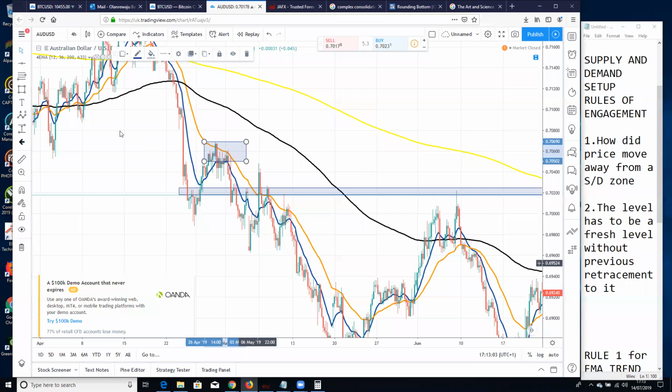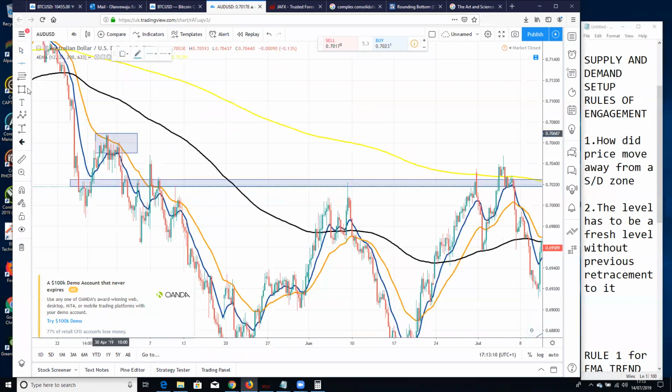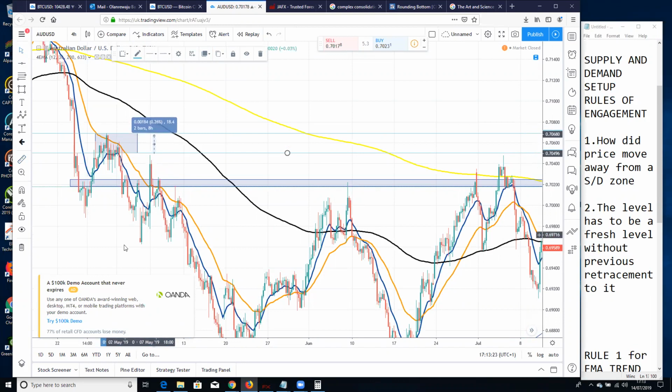But yeah, that's another supply and demand zone right there. This supply and demand zone is giving me about 20 pips of stop, for example. But I can see that price has come back to test where the supply begins as well.